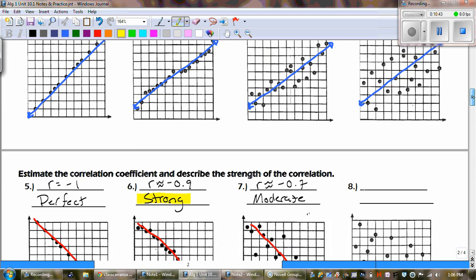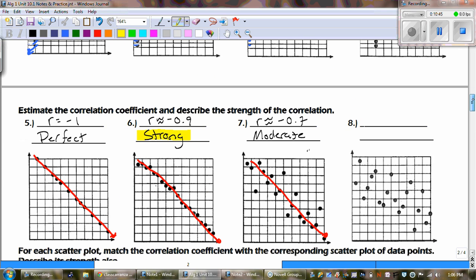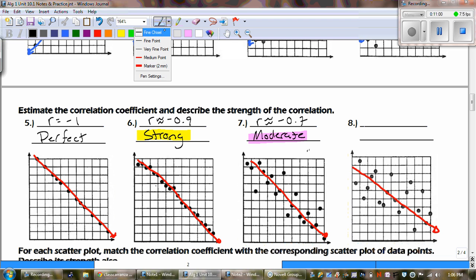And then the last one, 8. I'm going to draw my line just so I can kind of see what's going on. Now, overall, they're going down, so I know that it's negative, but is it very organized? Nah, man, this is weak. Okay, so if it's weak, I know that it's negative and it's going to be about 0.3.